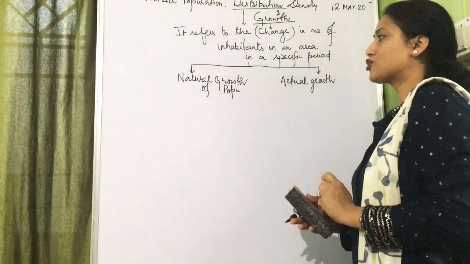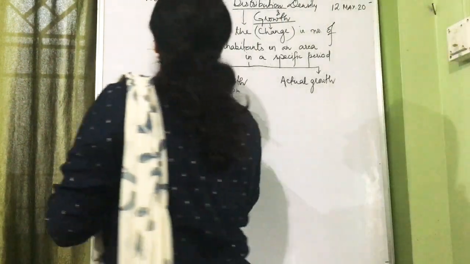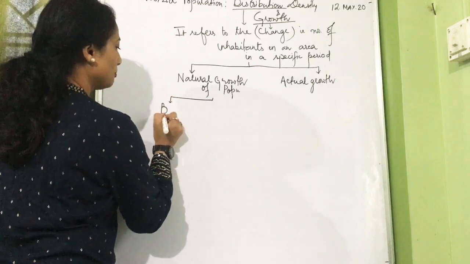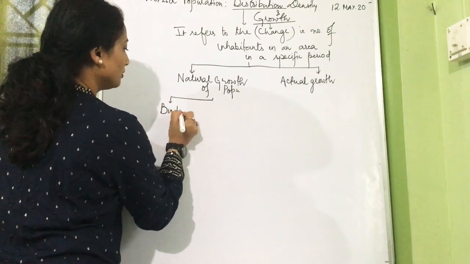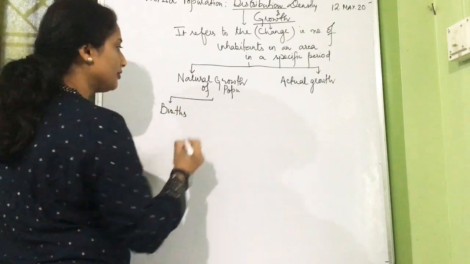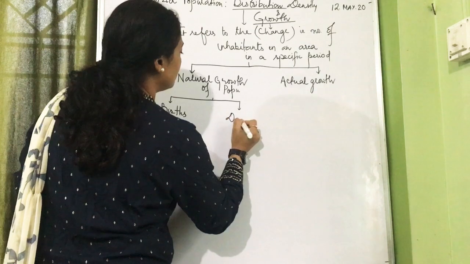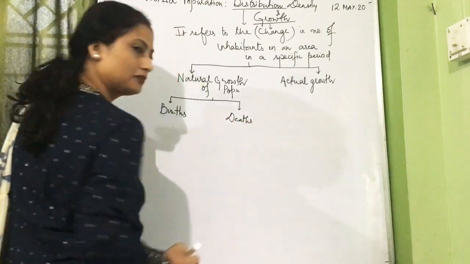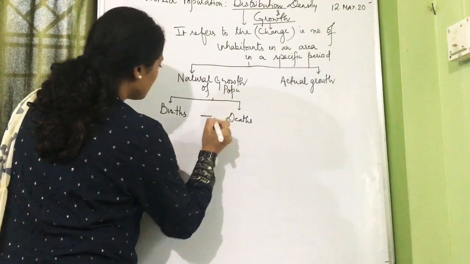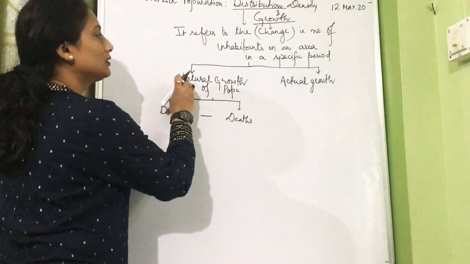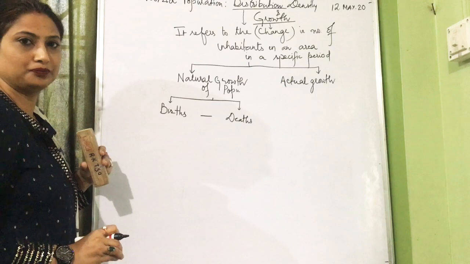When we talk about the natural growth of population, we take into account two components. One is birth, the total number of births in that region, and the total number of deaths. Whatever difference we get between these two, that is the natural growth of population.